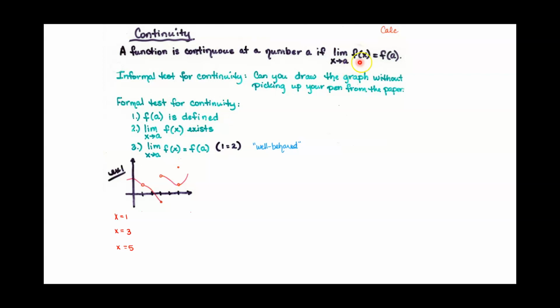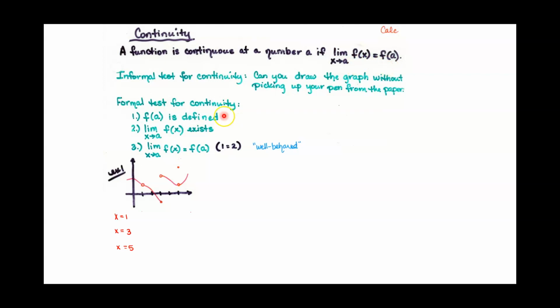If the limit is going to equal f of a, wouldn't the limit have to exist? So I can't have a limit that's equal to a value if the limit does not exist. And then last, those 2 things, the limit and f of a, have to equal each other.